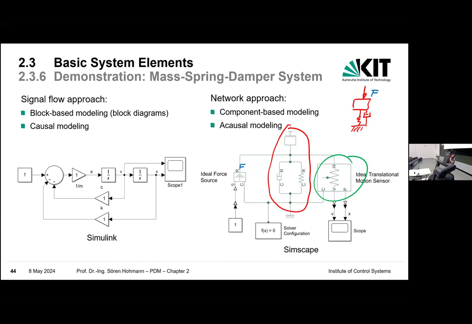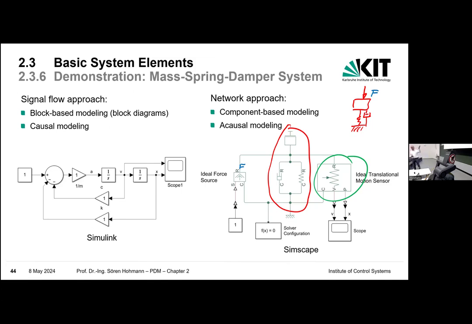And with that, you can finally add a scope which depicts the movement, like the velocity. And the wonderful thing is, you do not need equations at that point. You do not need anything else. It's very simple. You state the domain, and that's it. Perfect. So for simulation purposes, a wonderful situation.